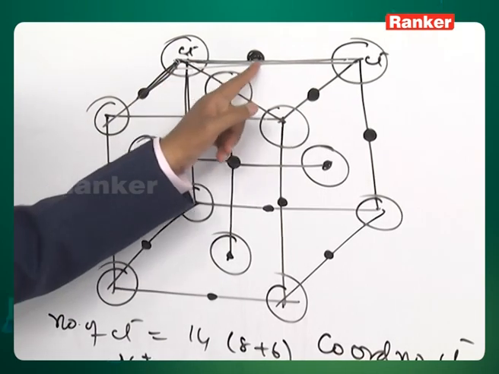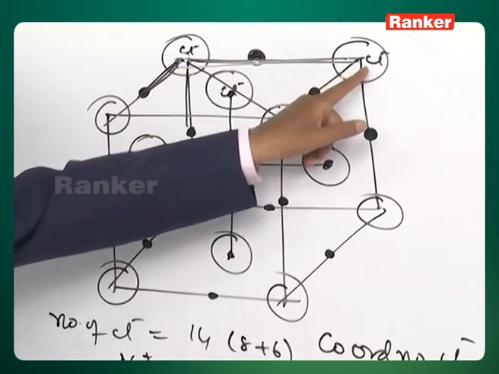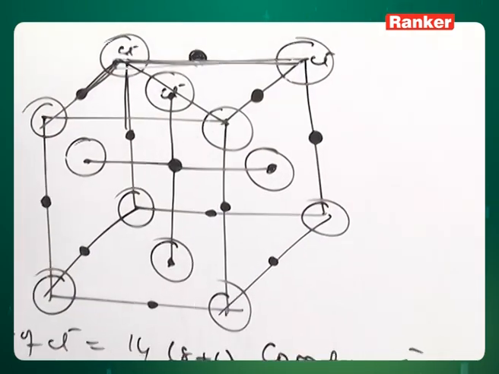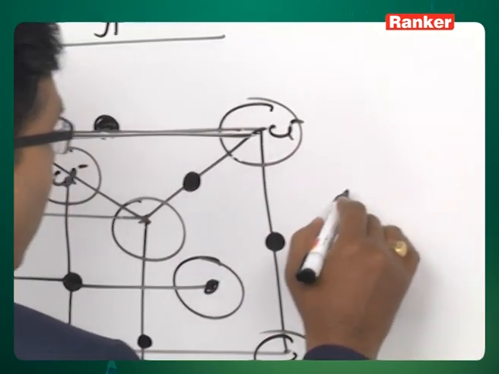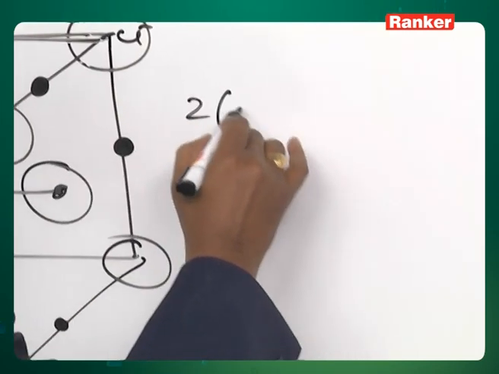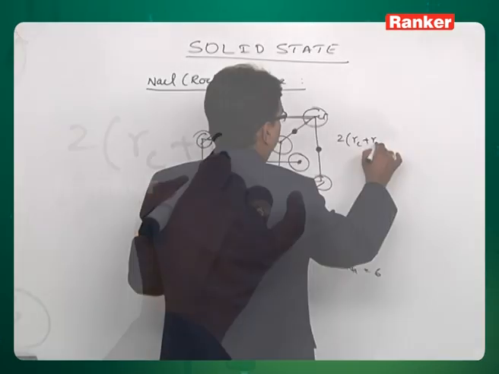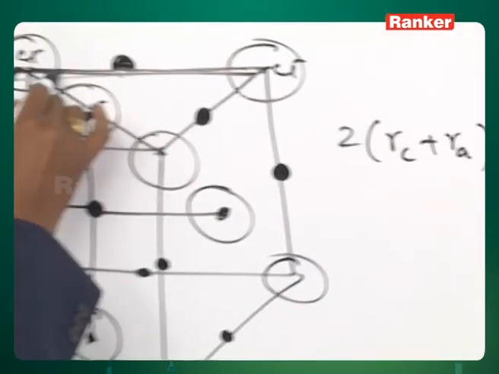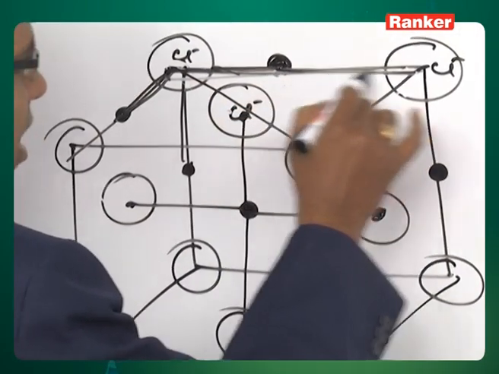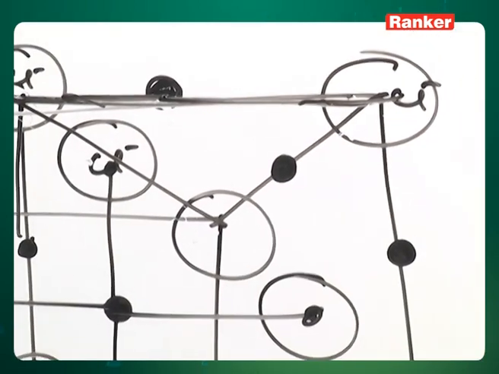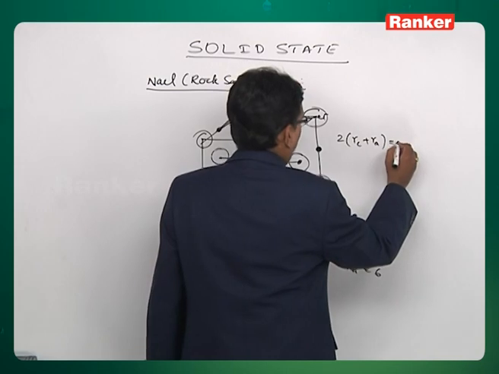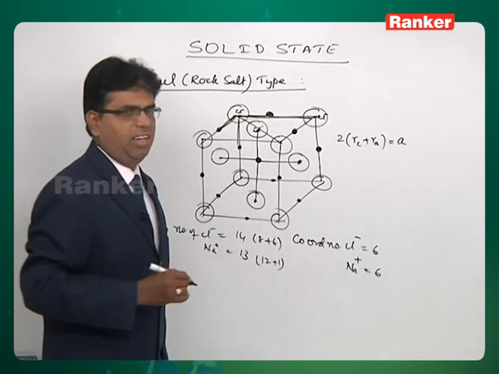Along the edge, 2 chloride ions and 1 sodium ion are in contact. So, 2Rc plus Ra is equal to A, that is the edge length.